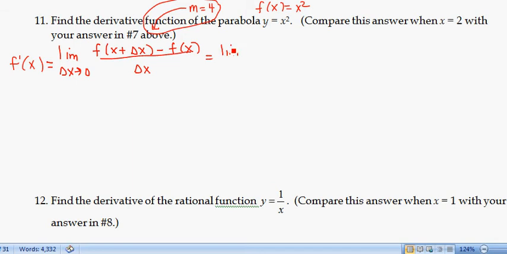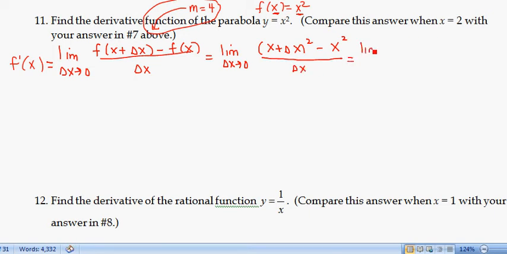Okay, so in terms of our function, f of x is x squared. So f of x plus delta x is going to just be x plus delta x quantity squared, because it's just the squaring function. Minus f of x is x squared, all over delta x.